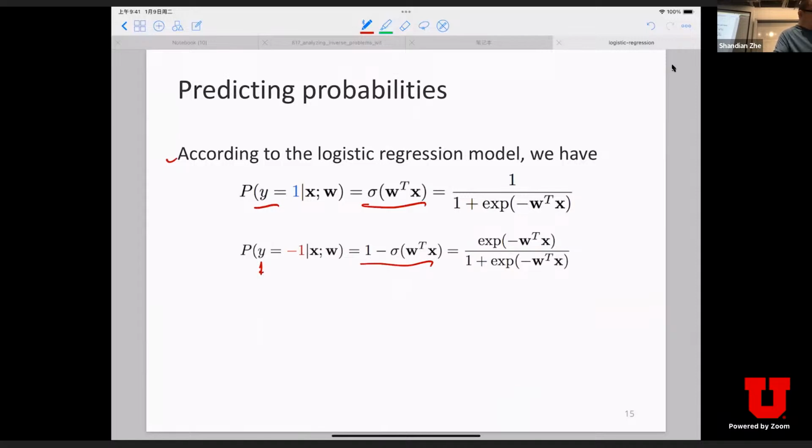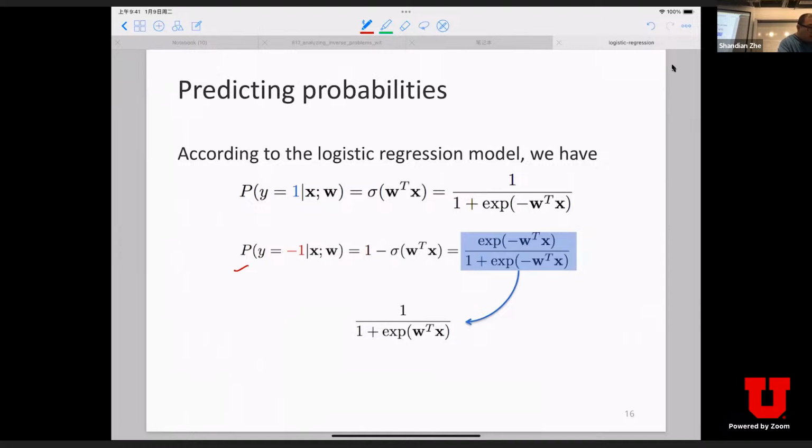When you see the positive label according to a model, your probability is just the sigmoid of W transpose X. And when you see a negative label, of course, it will be 1 minus sigmoid of W transpose X. If you subtract the sigmoid function from 1 and do some simple calculation, replacing the numerator by this exponential term, then dividing both the denominator and the numerator by this exponential term, you will see that the likelihood for a negative label will be 1 over 1 plus e to the power of W transpose X.